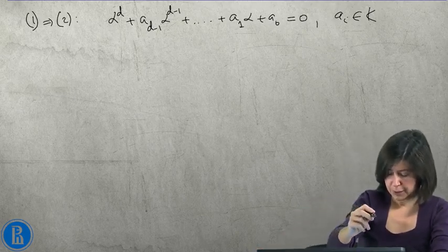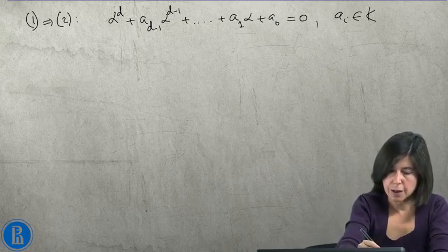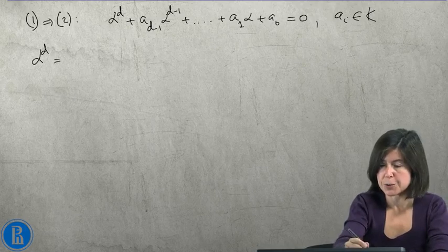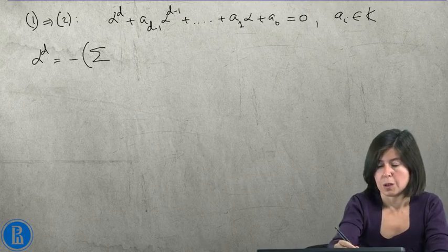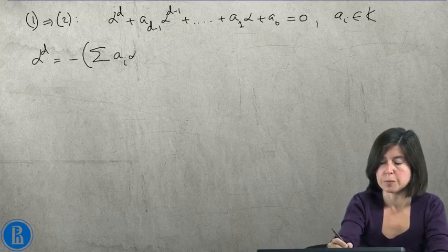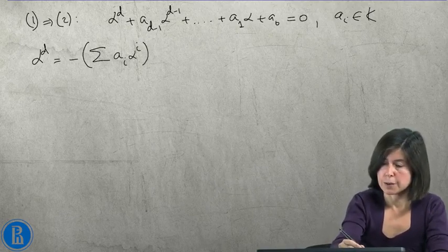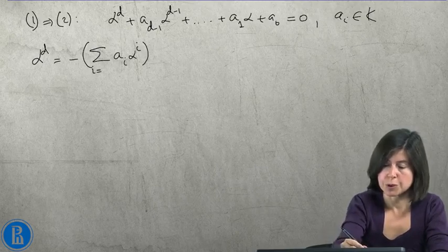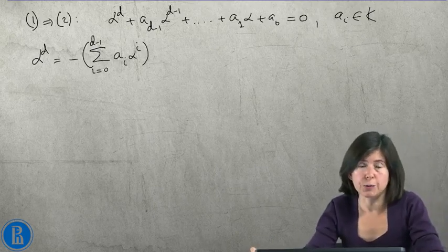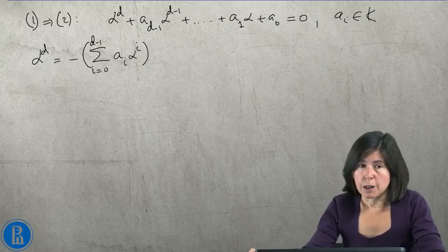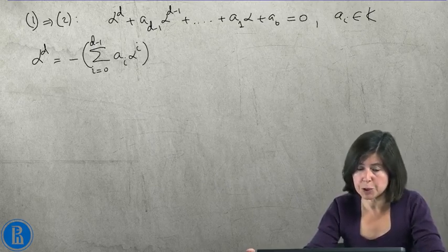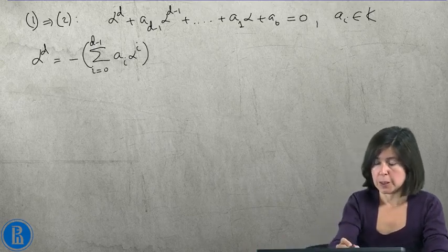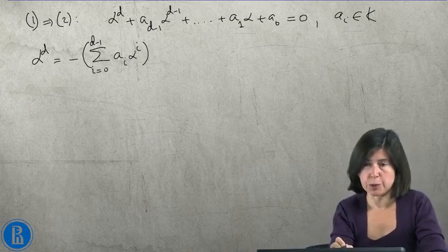So we see that alpha to the power of d is minus the sum of a_i alpha to the power i, where i is from 0 to d minus 1. So you see that alpha to the power of d, alpha to the power of d plus 1, and so on, are going to be linear combinations of the lower powers of alpha.